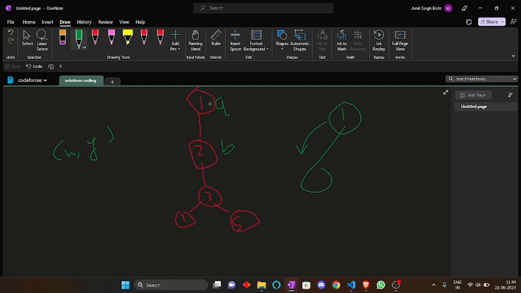So for this, let us say A goes to 2, and then goes to 3 because it has only one child. So from 3 it has two possibilities. Either it can go right or left. Same goes for B. B goes to 3, and then it has two possibilities: it can go to either 4 or 5. So there are two possibilities for A, and there are two possibilities for B, so a total of four possibilities for A and B.